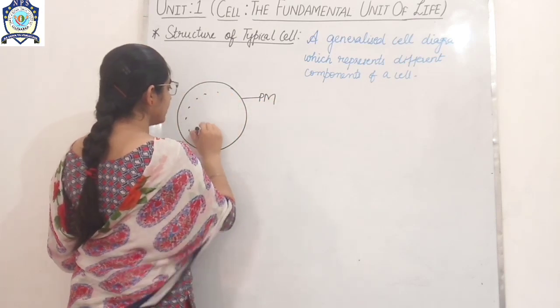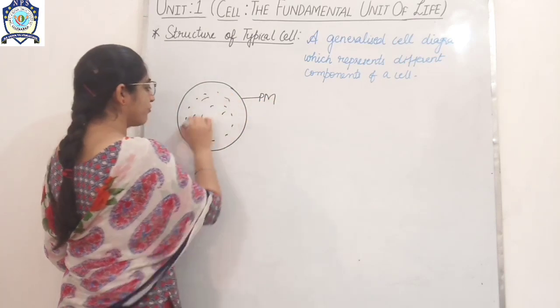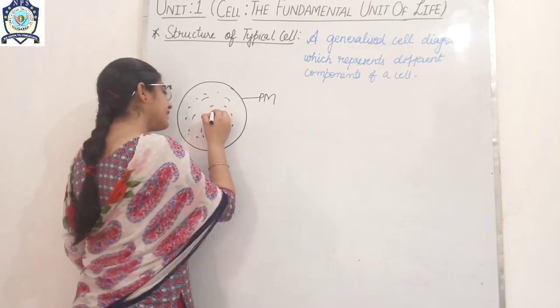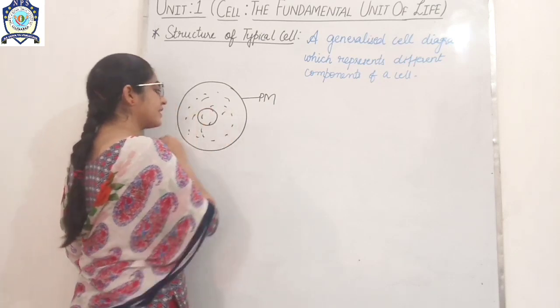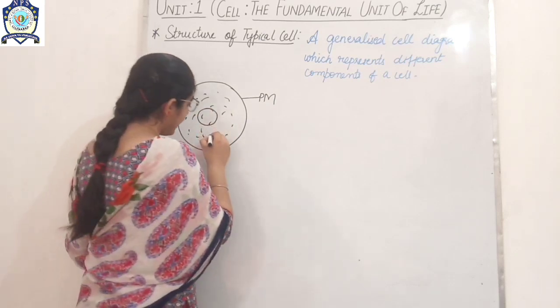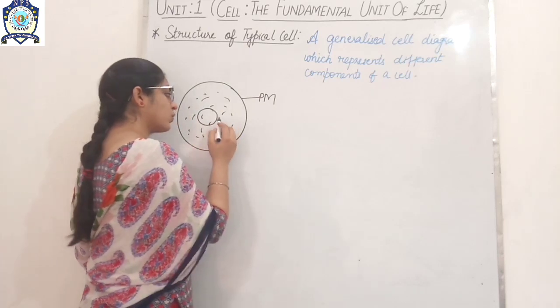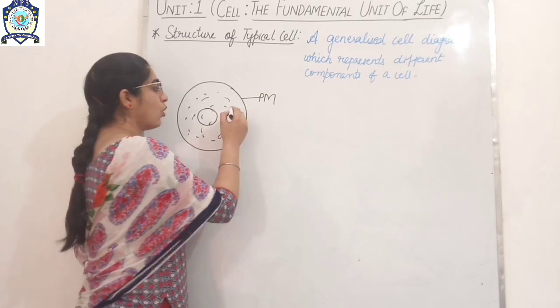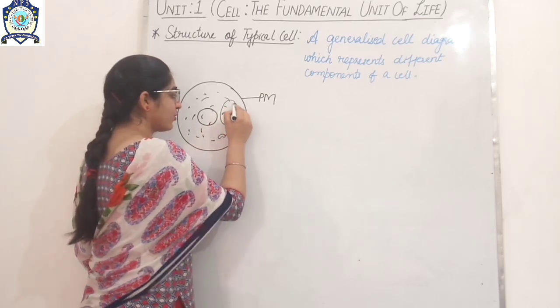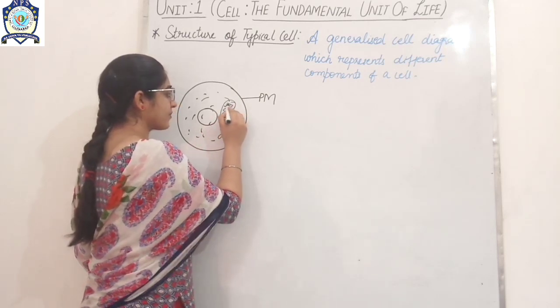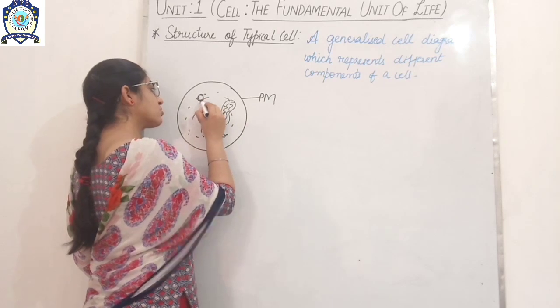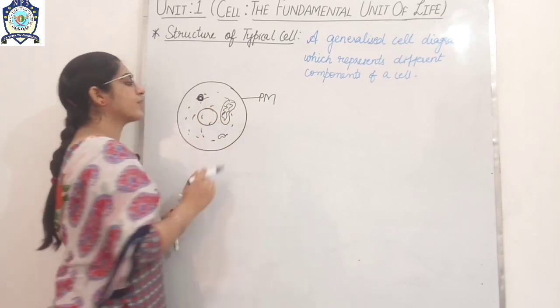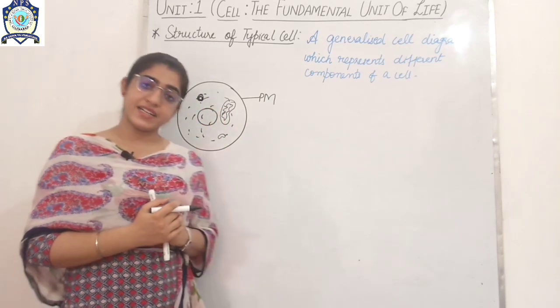This one is the fluid part. In the center there is the nucleus. Here also at one side small vacuoles are present. Also the mitochondria is present. And also there is the centrosome for cell division.